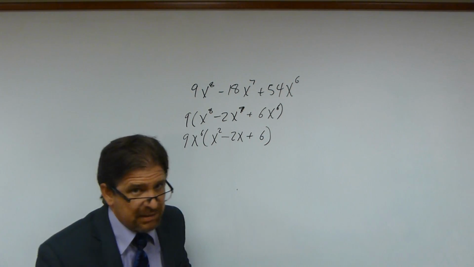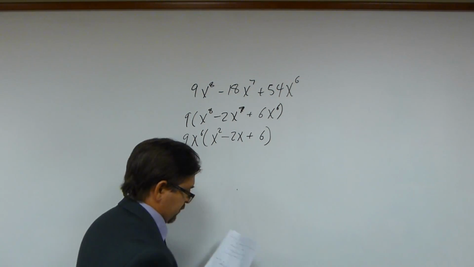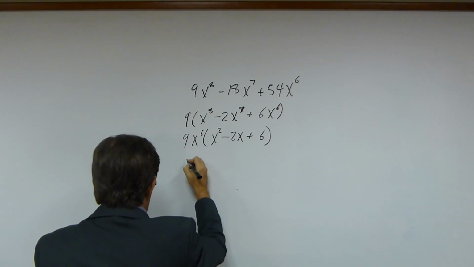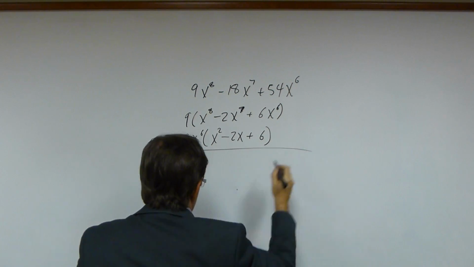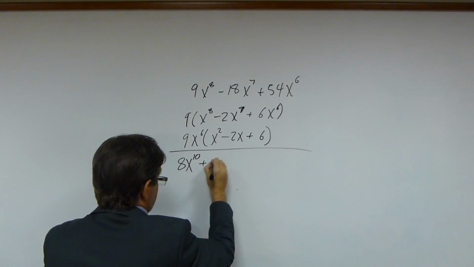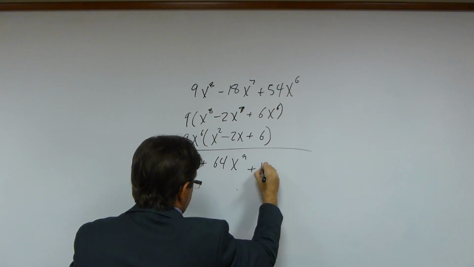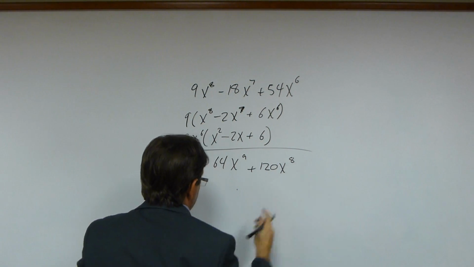Let's take a look at a similar problem, so we can get our bearings down. We have 8 times x to the 10, it's right over here, plus 64 x to the 9, plus 120 x to the 8.